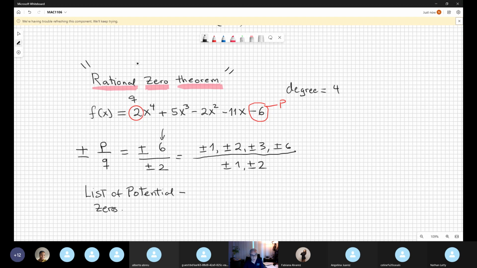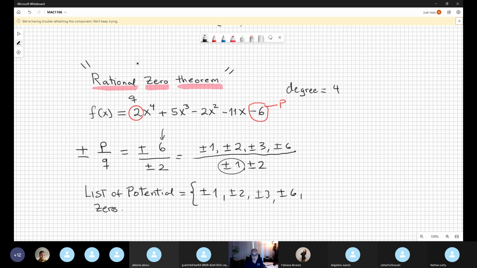So we have, look, you take in the denominator the first number, which is 1, and you divide by each. So it's plus or minus 1, plus or minus 2, plus or minus 3, plus or minus 6, because you suppose that you divide by 1. 1 divided by 1 is 1, 2 divided by 1 is 2, 3 divided by 1 is 3, and 6 divided by 1 is 6.